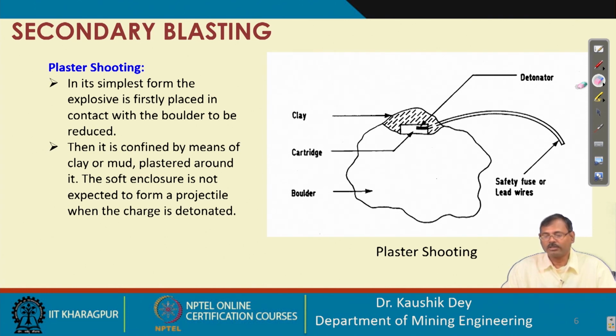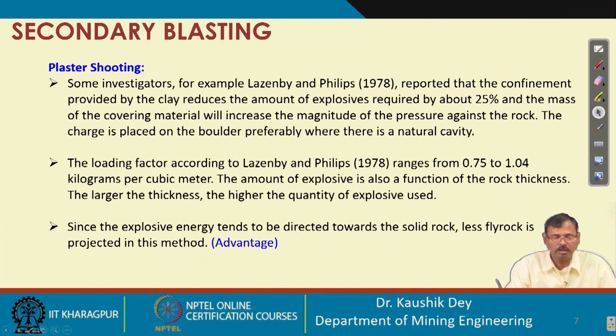Only a small part of the energy is utilized in fragmenting the boulder. The small clay or cement confinement provides absolutely very poor confinement to the explosive. That is why this method is called plaster shooting.